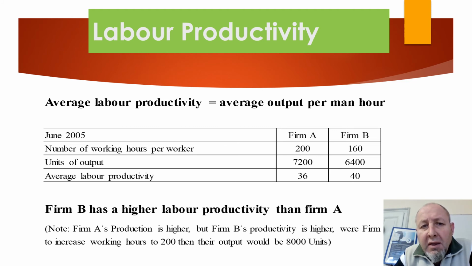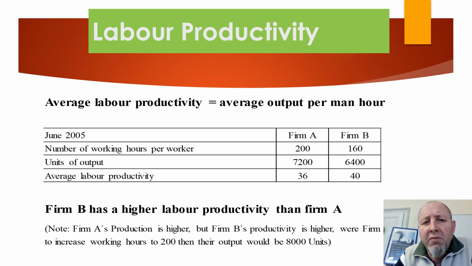In these working hours, firm A produced 7,200, but firm B produced 6,400. Now, the higher production is firm A, but let's do some calculation.